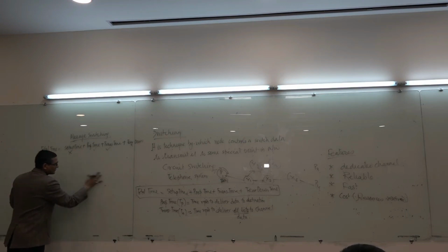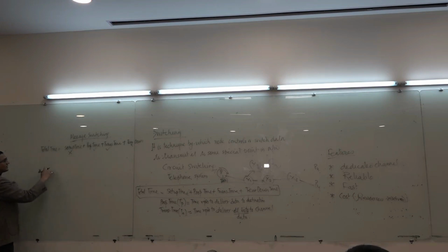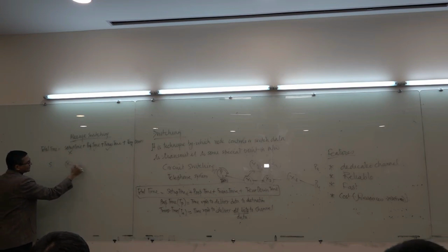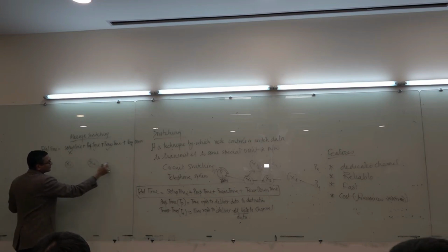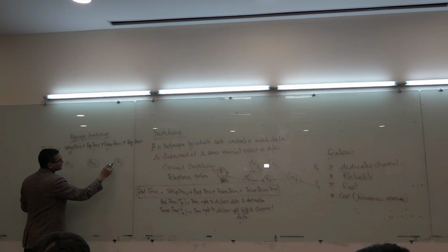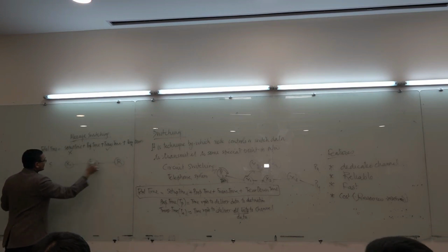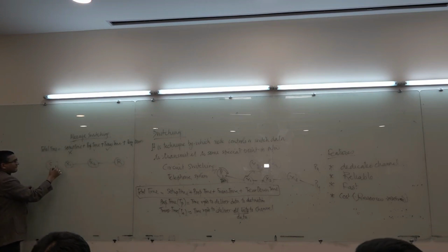Now here we'll take one scenario. Let's say this is a sender and it has to go to the receiver through x1 and x2. In the previous case, the path is established, but here the path is not established.